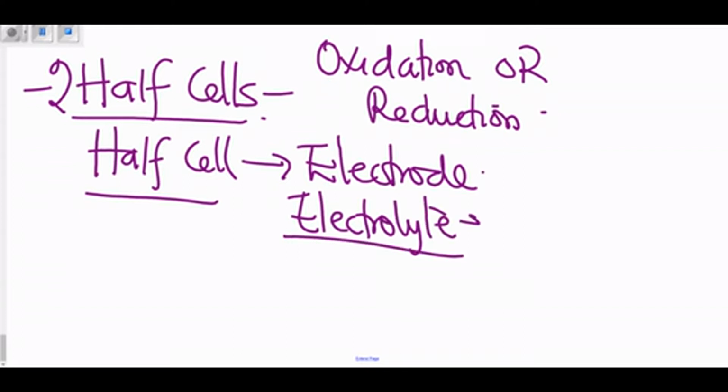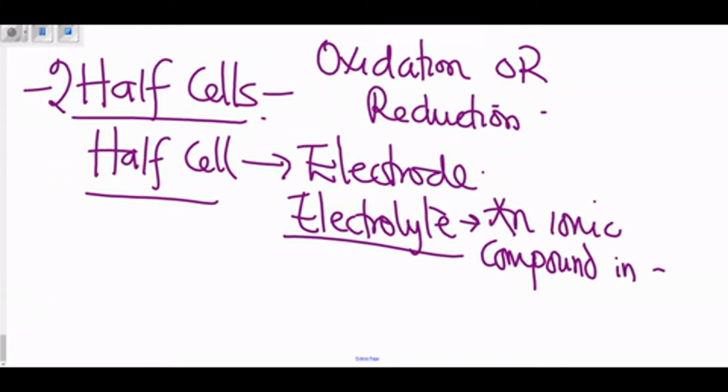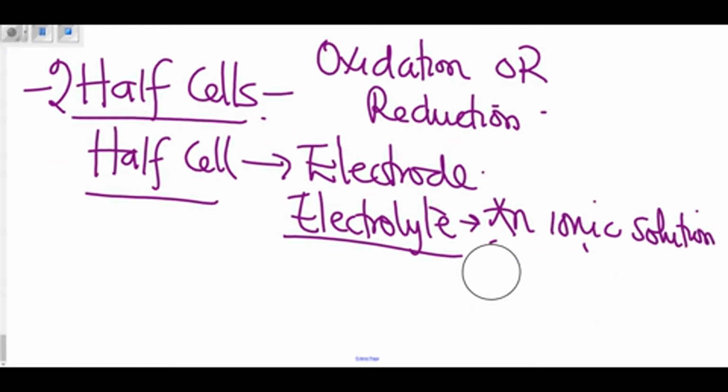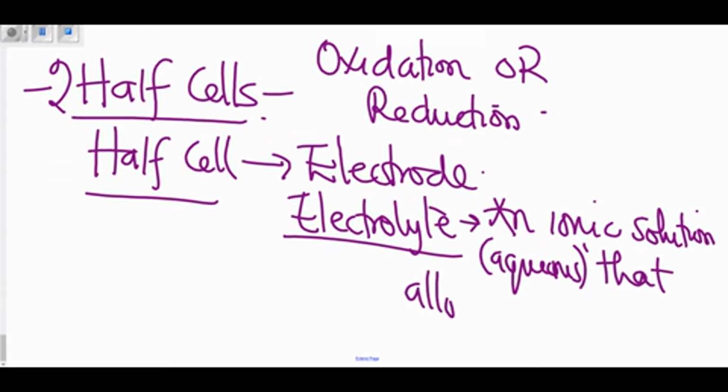An electrolyte is an ionic compound, an ionic solution. It could be aqueous as well, that allows the movement of ions.